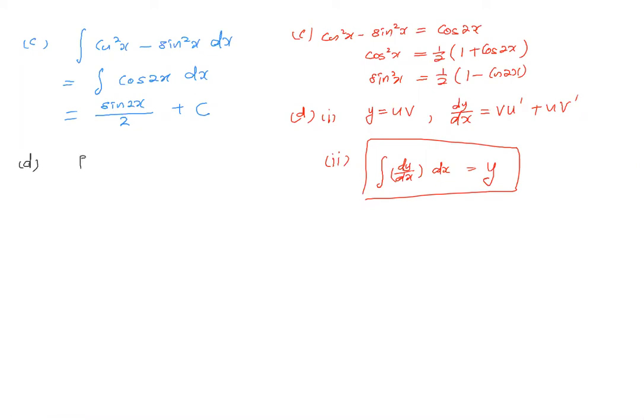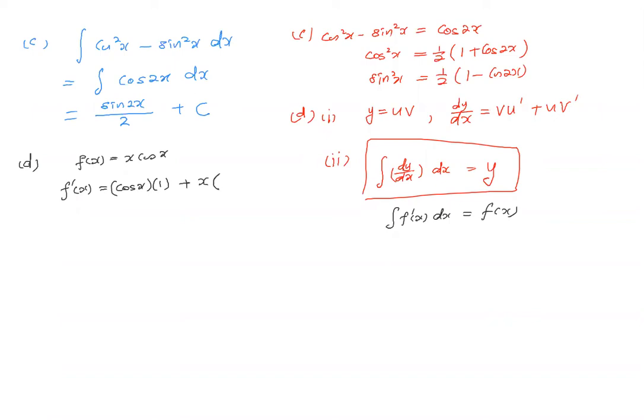So my fx is equal to x cos x. So you can also say this is integrate f prime x with respect to x, you get your fx. So f prime x is equal to v u prime plus u v prime.